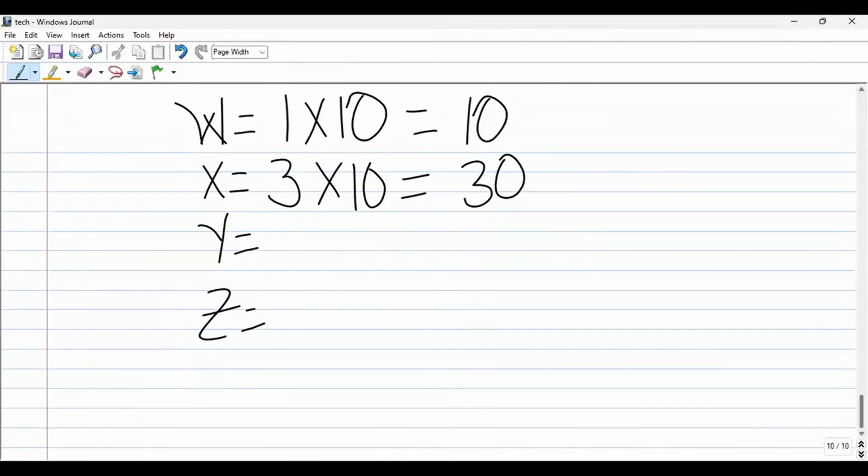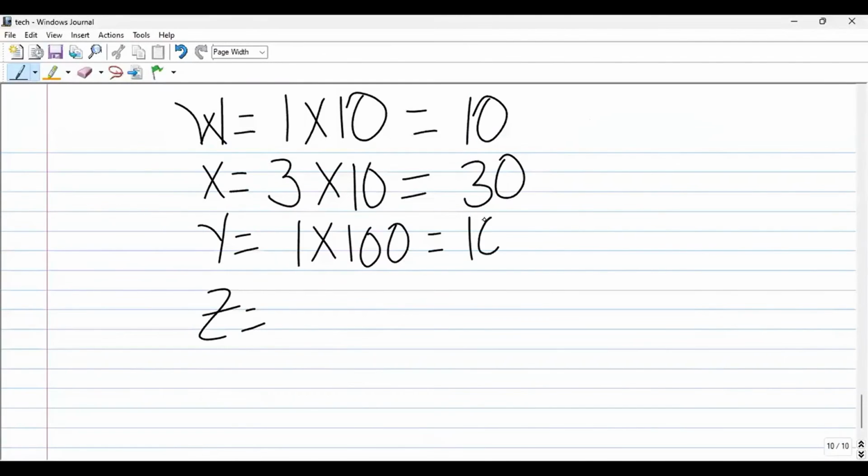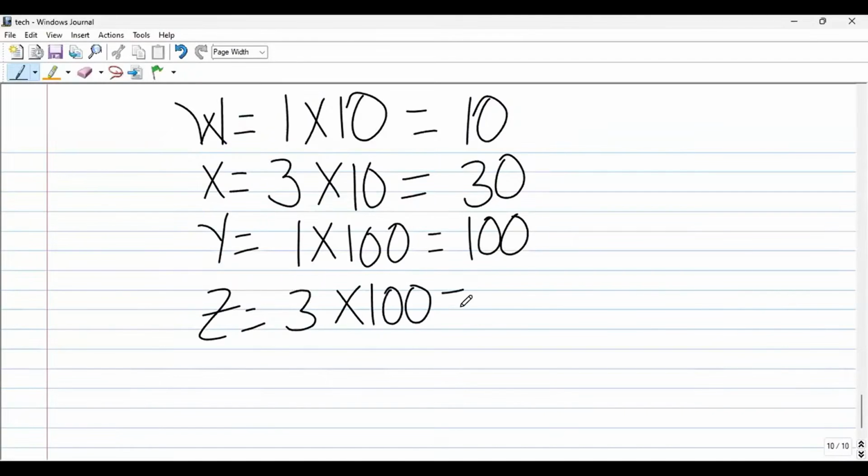We go to Y. Y, the labor hours per unit 1 times the number of units 100. So 1 times 100 is 100. Product Z, we have 100 times 3, or 3 times 100, 300.